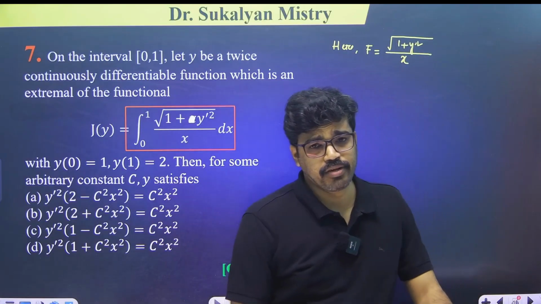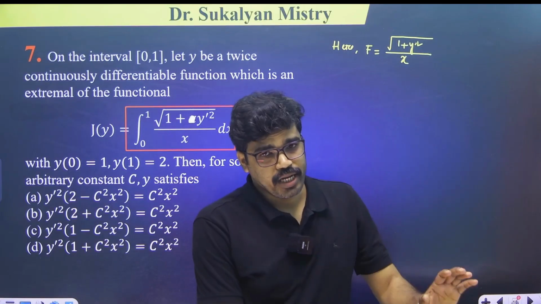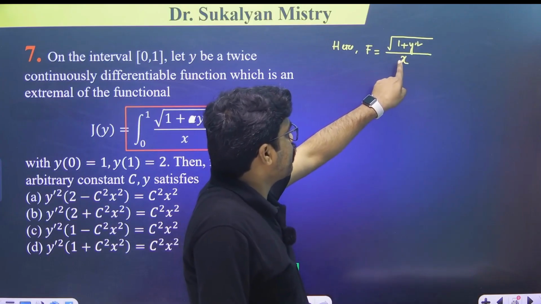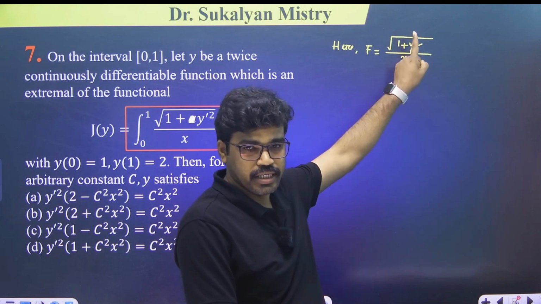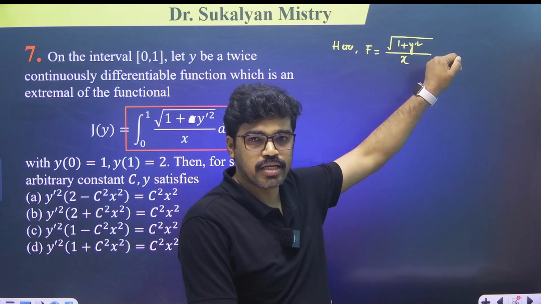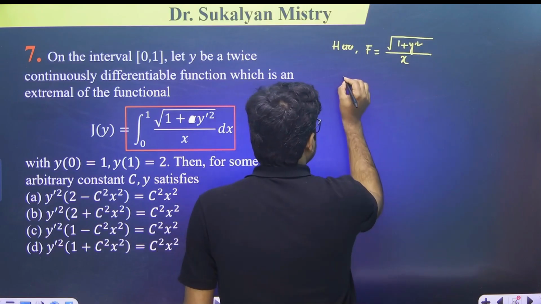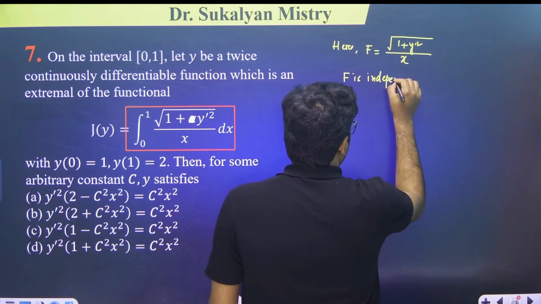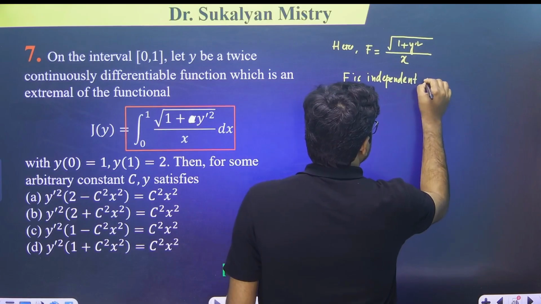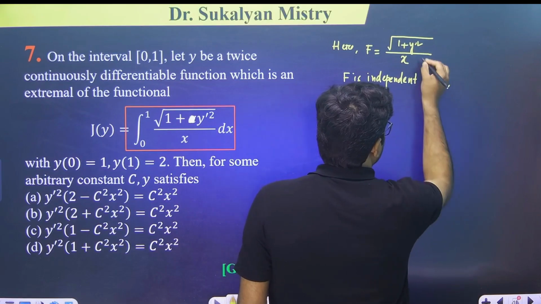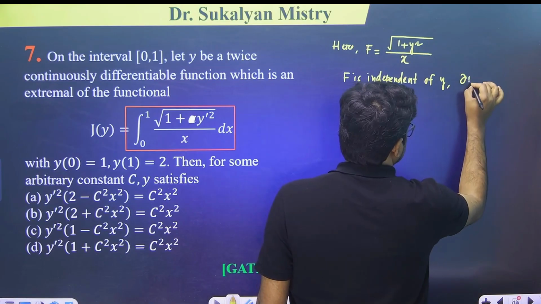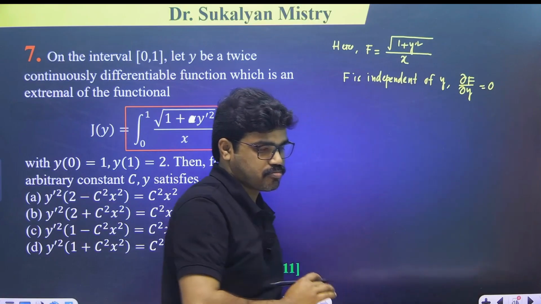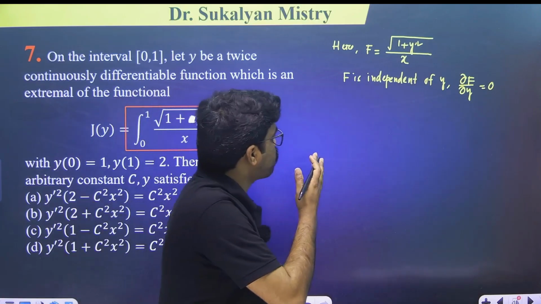Euler's equation is del f del y minus d/dx of del f del y dash is equal to 0. F is independent of y, y is absent, that means del f del y is equal to 0.